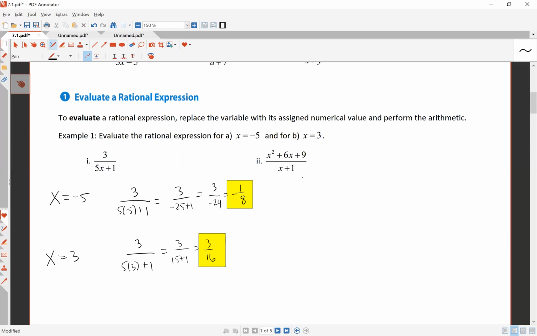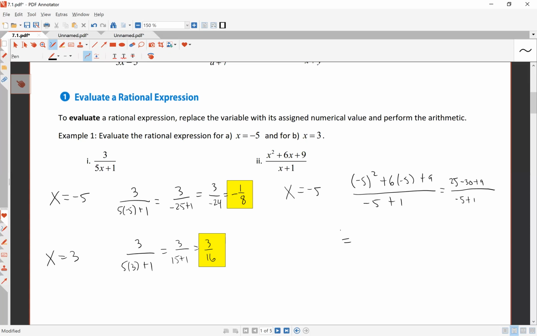If we evaluate x squared plus 6x plus 9 over x plus 1 when x equals -5, in my numerator I have x squared, so that's -5 squared, plus 6 times -5 plus 9. The denominator is -5 plus 1. -5 squared is 25. 6 times -5 is -30 plus 9.